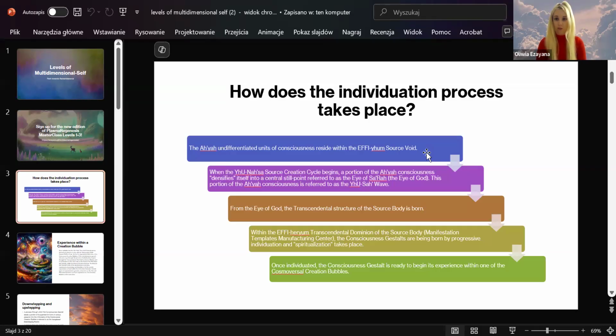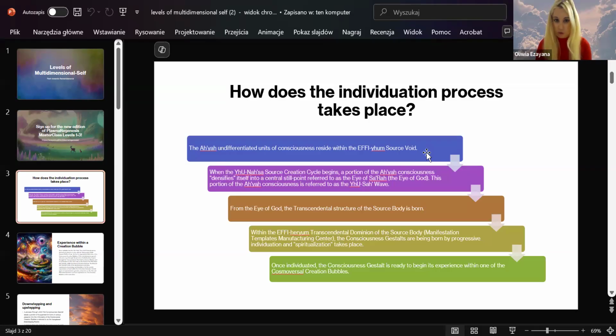So that means that nothing really exists on the outside of the source. Everything is a part of this transcendental consciousness. And so in the beginning, we almost have those units of consciousness that are referred to as Aya, and they are a part of the source consciousness. However, they don't really have any kind of individuation of their own. They are just a part of everything that is.